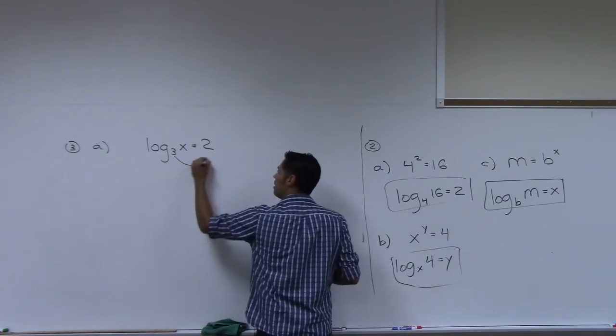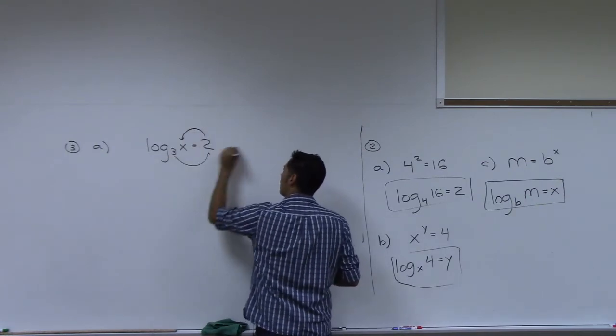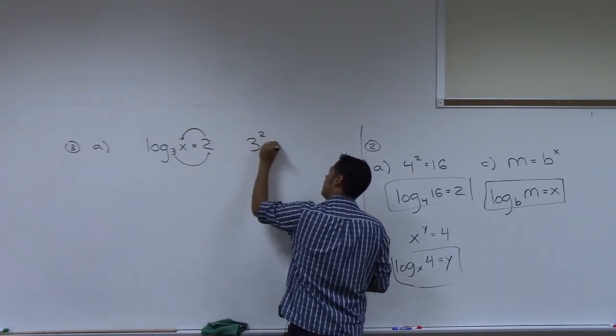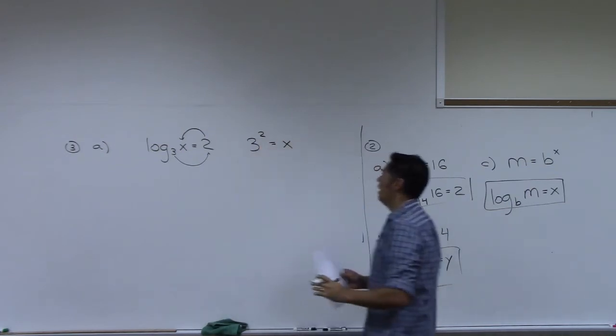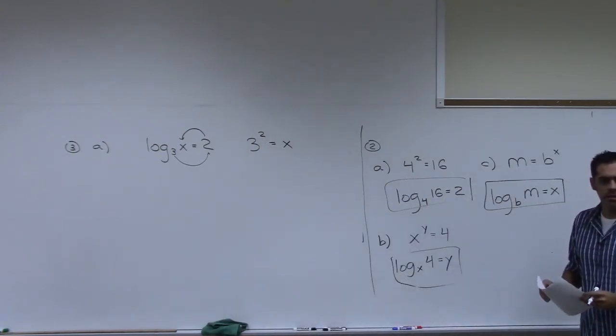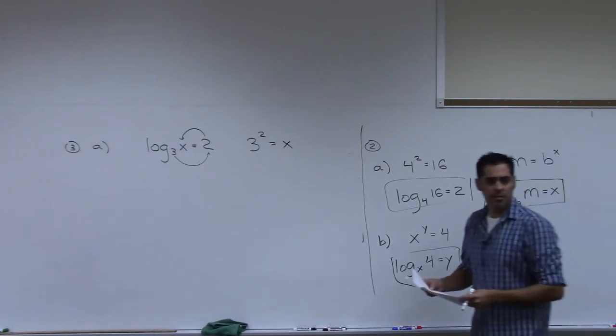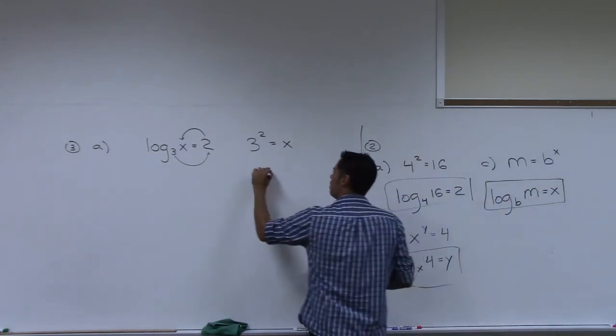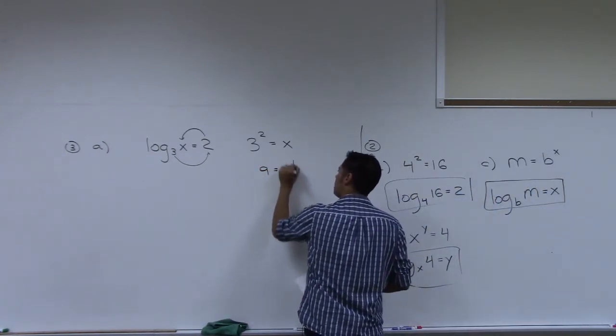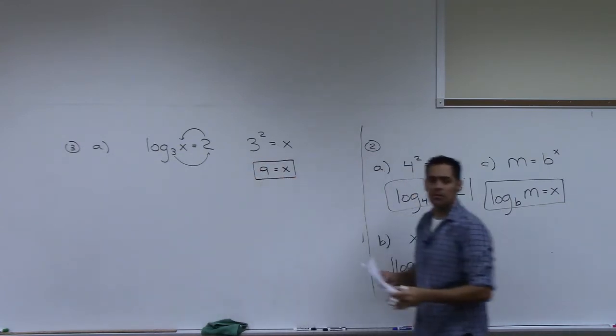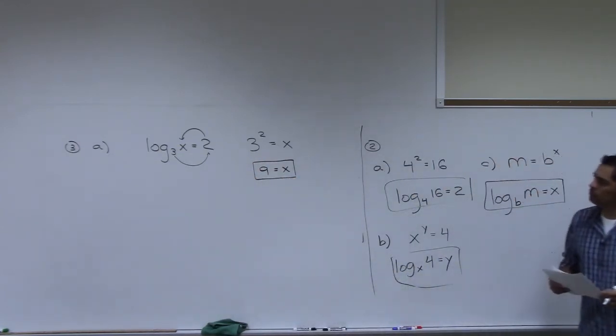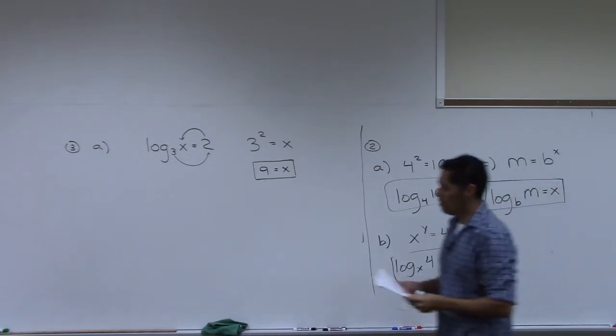Rewrite this as 3 raised to the second equals x. 3 to the second power equals x. And that's what? X is 9, right? Just square. 3 squared is 9. So x equals 9. We have solved the equation for x. Part B.